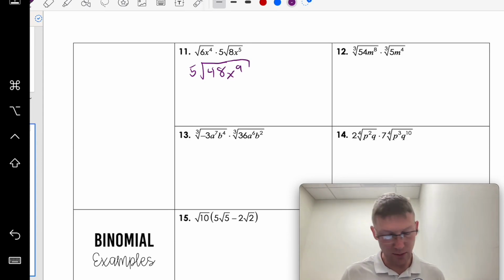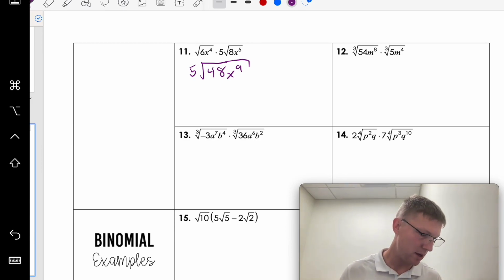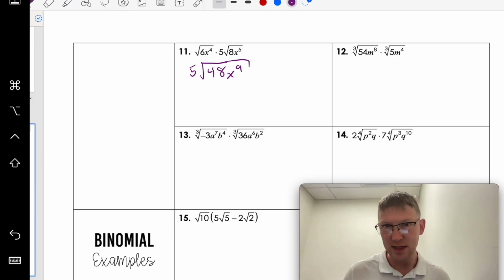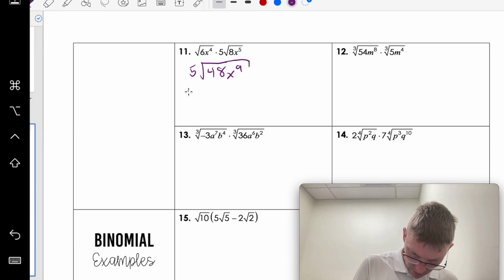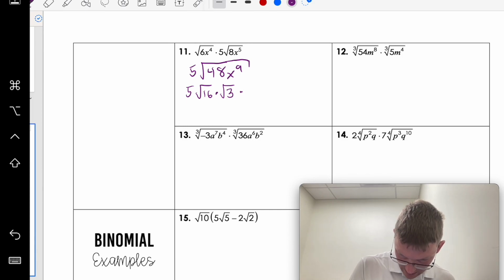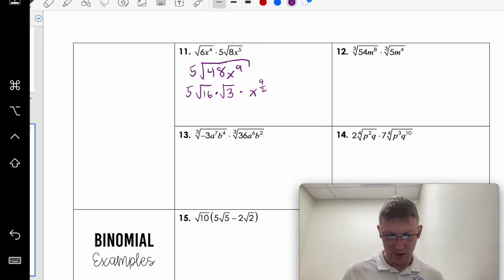And now we're going to simplify that. So 48 looks like we can pull a 16 out of that. 48 divided by 16. The square root of 16 is 4. So we're going to divide all that out. Square root of 16 times square root of 3 times, and remember we're going to do kind of x to the 9 over 2th power. I'm just doing that in my head.